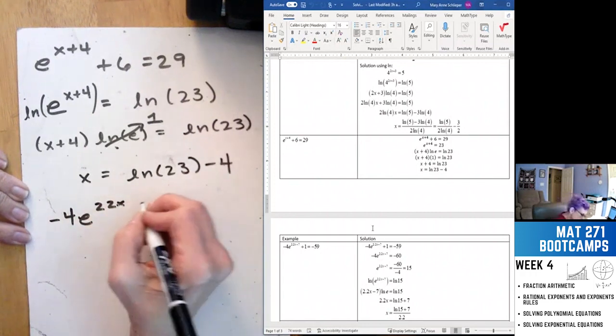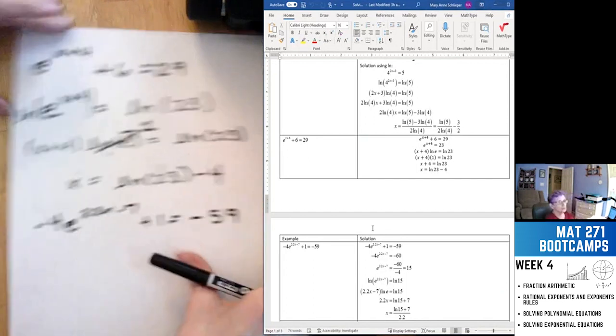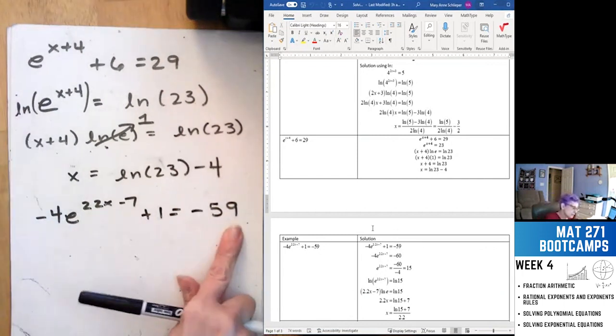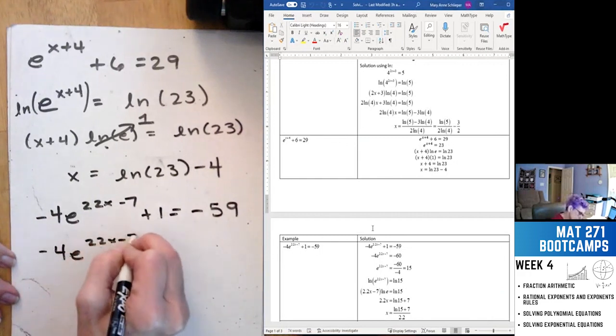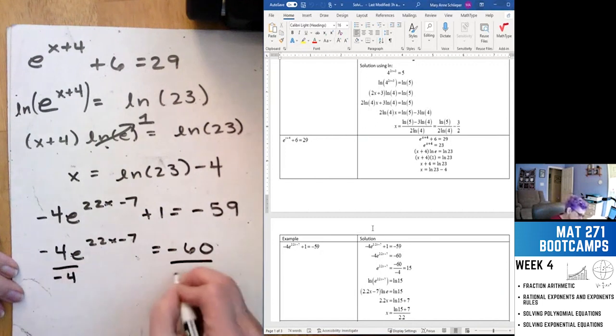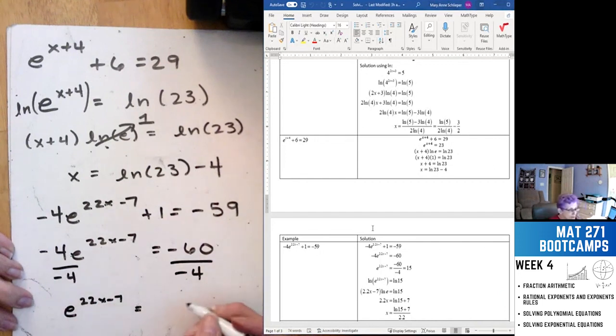And let's see, I think that's minus 4 e to the 2x minus 7 plus 1 equals negative 59. So just like if you had minus 4x plus 1, first thing you would do would be to subtract 1 from each side. Next thing you would do is divide both sides by -4. And -4 goes into -60 15 times.